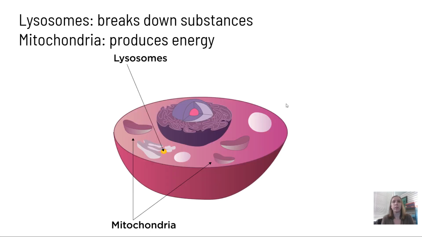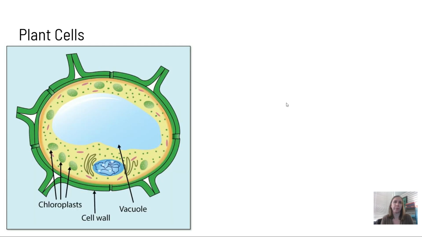Lysosomes break down substances, and mitochondria produce energy. So mitochondria are like these little kidney bean looking things, lysosomes here, little round guys. So breaking down substances and producing energy.